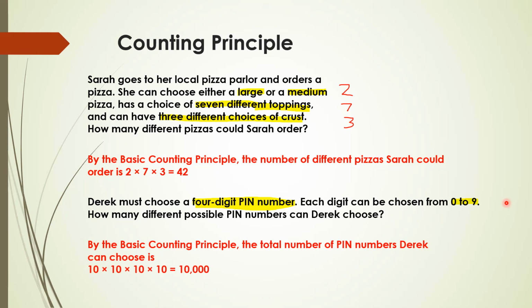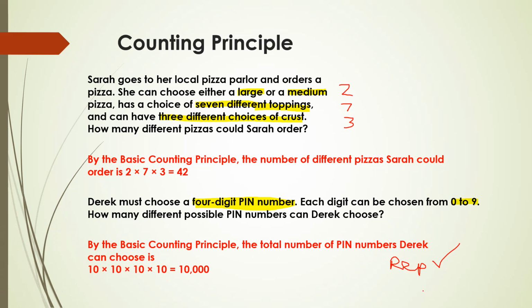Because if numbers can be repeated, your answer is going to be very different from the answer when you cannot repeat numbers. So by the basic counting principle, because we are allowing for repeat, the total number of pin numbers Derek can choose is 10 for the first pin. So if that is a 1, the 1 is thrown back into the mix. 10 for the second, 10 for the third, 10 for the fourth. Now folks, this is important because here we are allowing repeat.